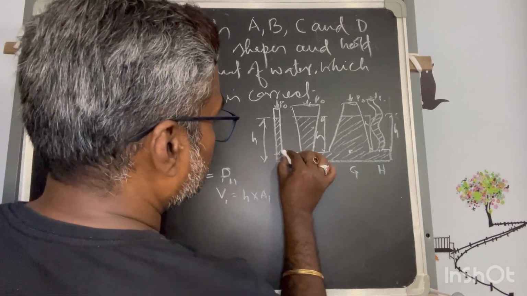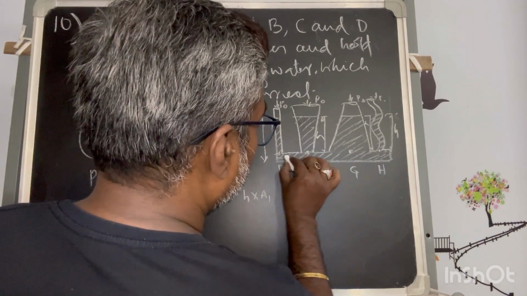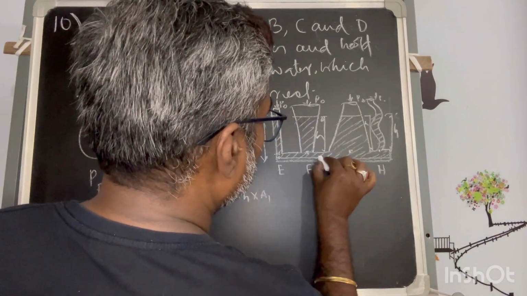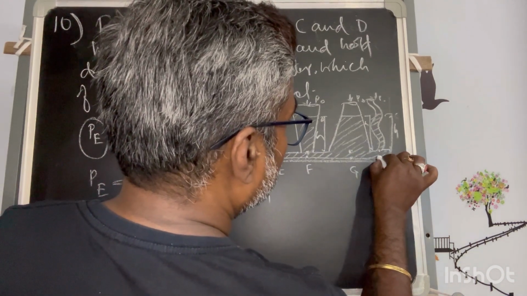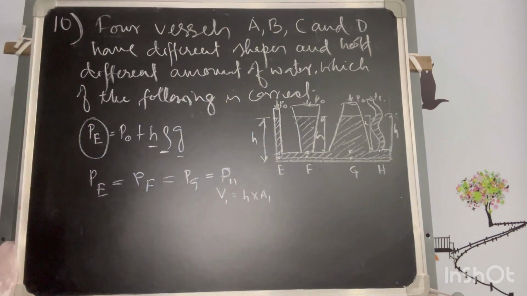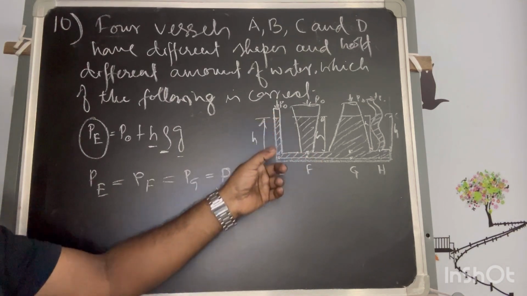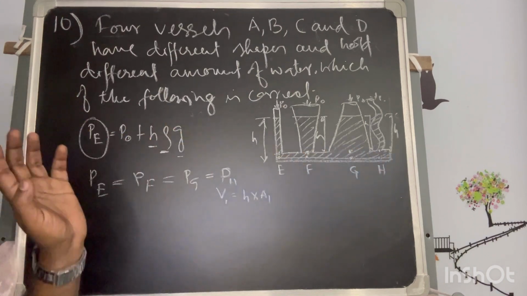But these are not required to be on this line. If I draw a parallel to the base and I take some respective dots just below the container, then also if I take the height of this point, these are all in same horizontal line.